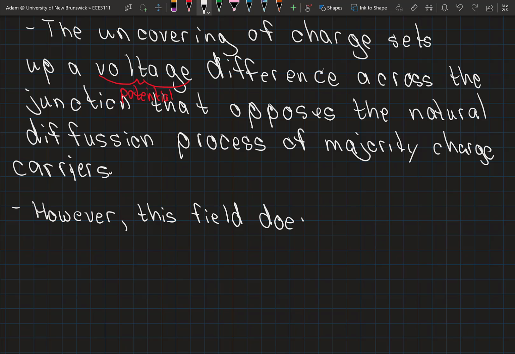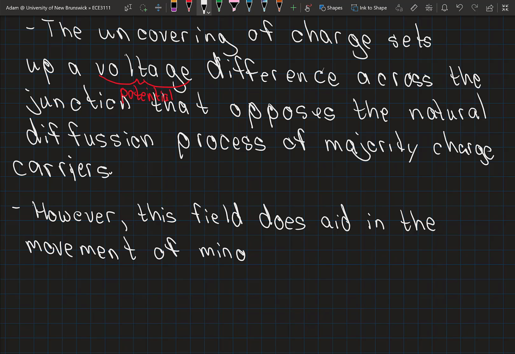This field does aid in the movement of minority carriers that approach the edge of the depletion region.